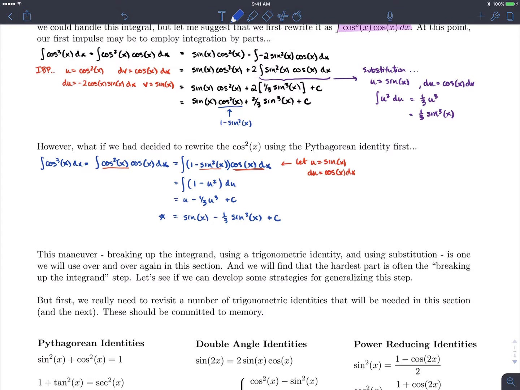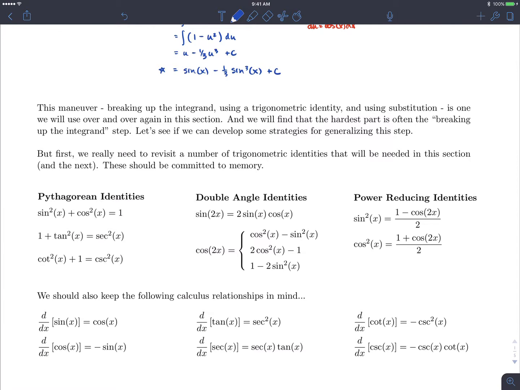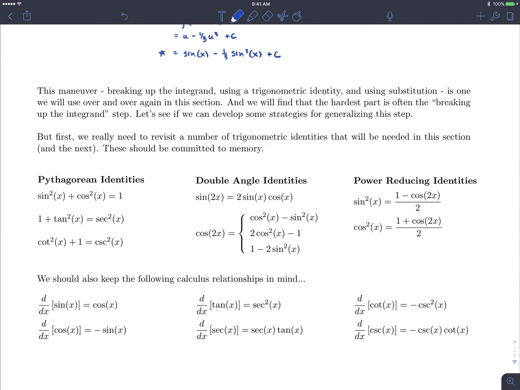Now, with that in mind, it's good to review a few trig identities that we'll be using quite a bit. The Pythagorean identities, we should be comfortable using all of these. By the way, this is really the only one you'd have to have memorized, because you could generate the other two by taking this first one, sine squared plus cosine squared equals 1.